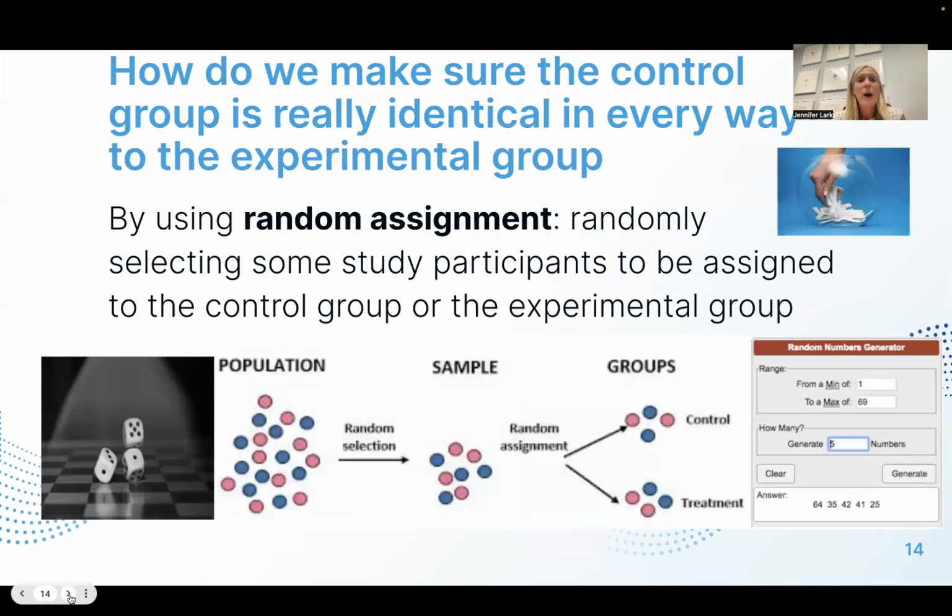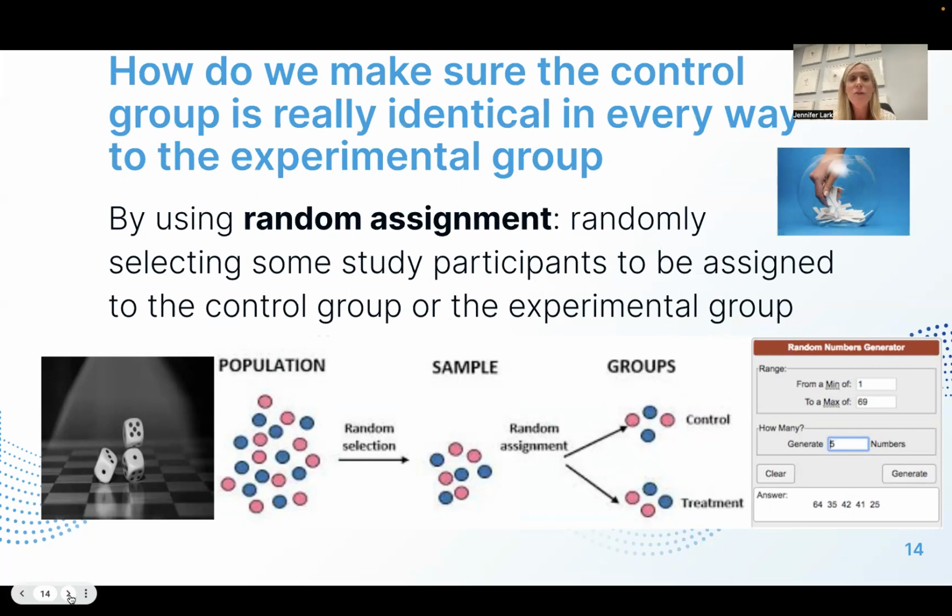All right, so again, once we have our sample that's going to take part in our experiment, how do we make sure then that there's no bias in the way that we randomly assign the sample to groups? So we have random sampling, which means taking people from the larger population to be part of your study. Once we have those people, now we're going to talk about random assignment.